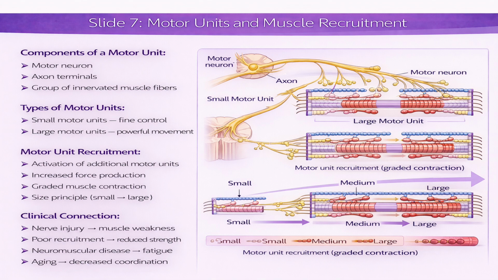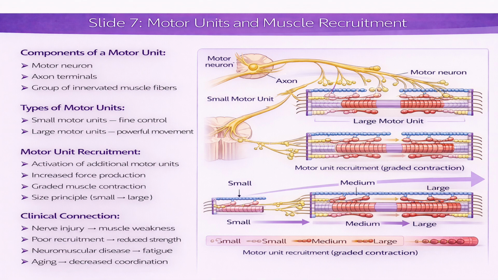Through graded recruitment, muscles are able to produce smooth, controlled contractions rather than abrupt, uncontrolled movements. This mechanism allows the body to adjust force output based on task requirements.